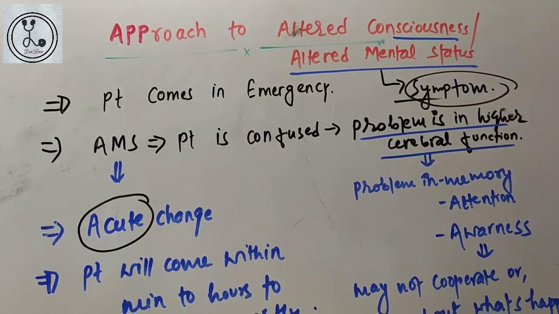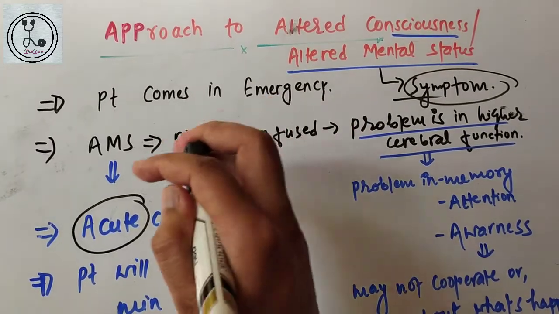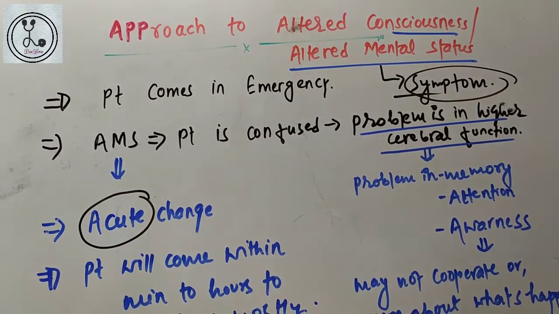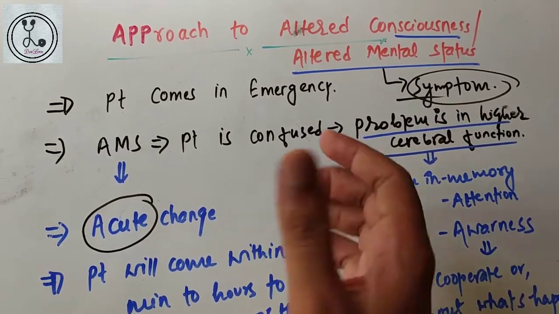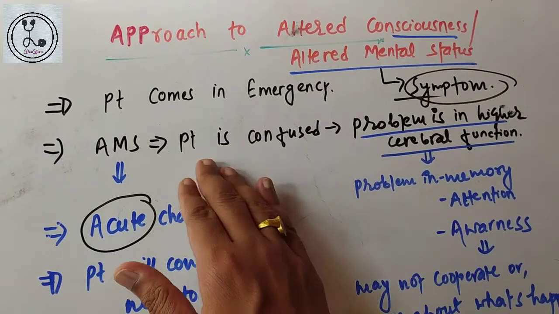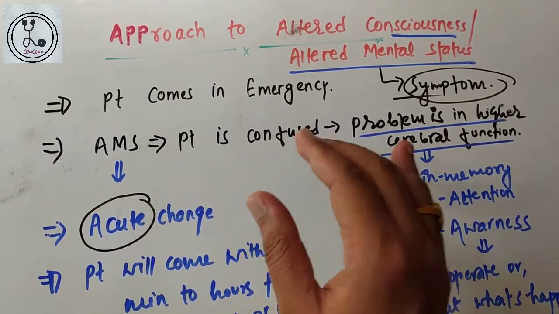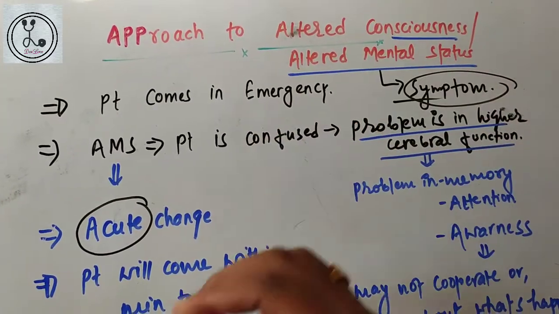First, what is altered mental status? It means the patient will come to you with certain symptoms, like confusion. The confusion is related to consciousness.